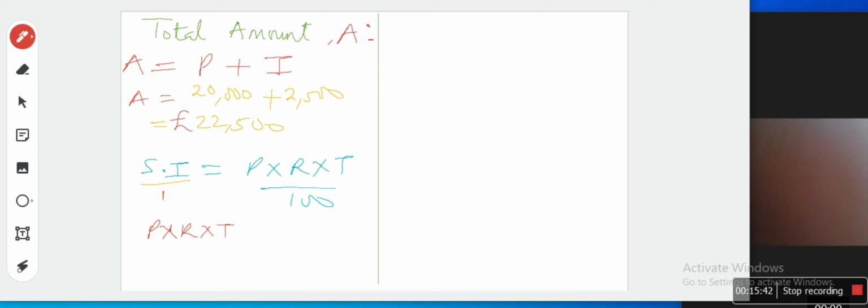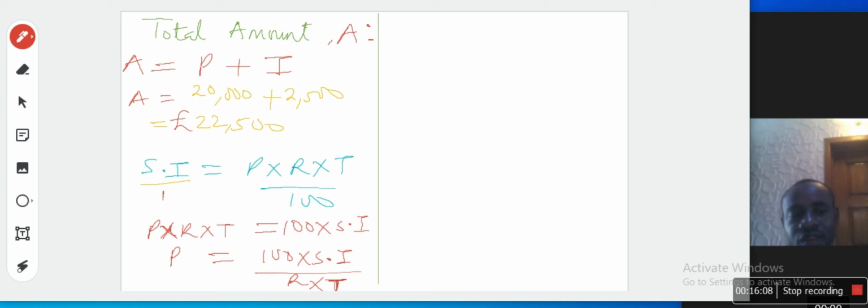It's equal to 100 times simple interest. To make P the subject, what will you do? Divide both sides by R and T. So P will be equal to 100 times S, simple interest, divided by rate times time.